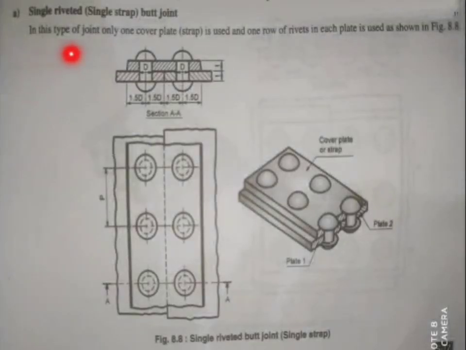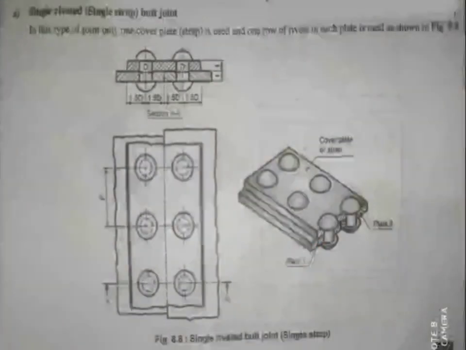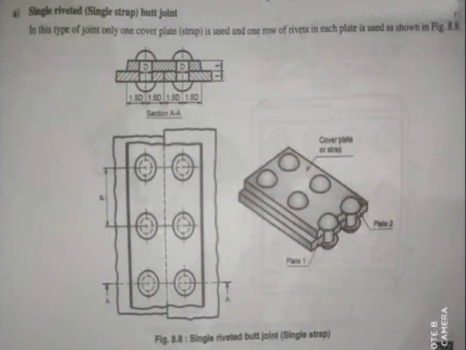Now this figure shows the single riveted single strap butt joint. In this type of joint only one cover plate or strap is used. If you look very clearly, this is plate number 1 and this is plate number 2. Here is the butt joint, as we saw in welding.